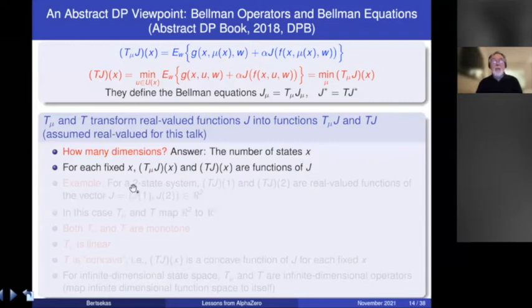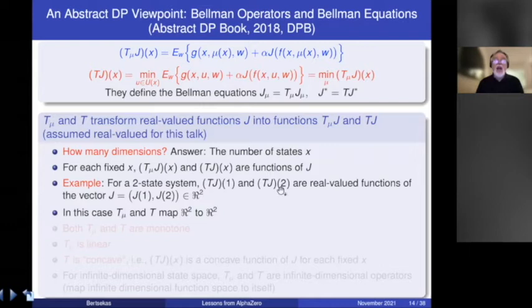On the other hand, for every x, these are real valued functions of J, and you can view them for a single state. Okay, as an example, suppose you have a two-state system. Then J is a two-dimensional vector, J1, J2. This is a real number, this is a real number.